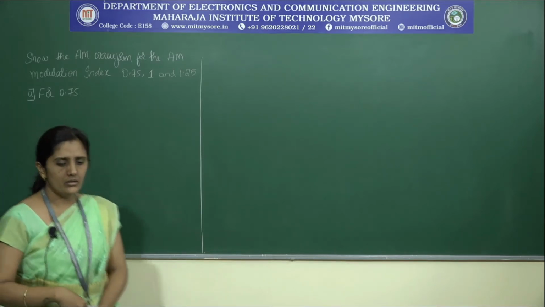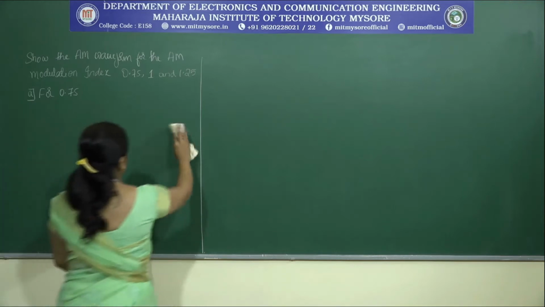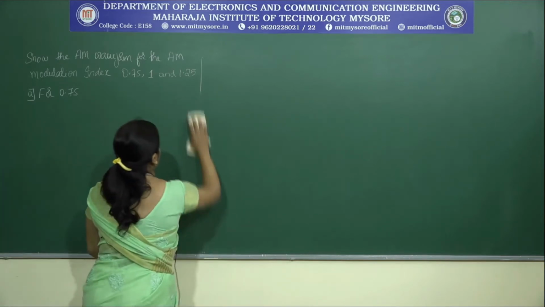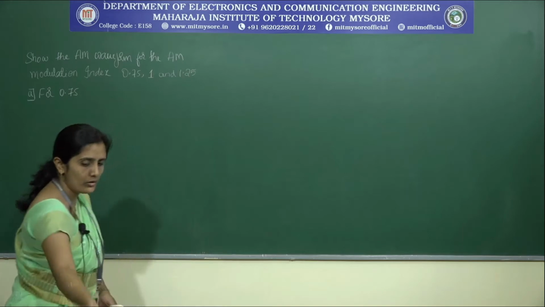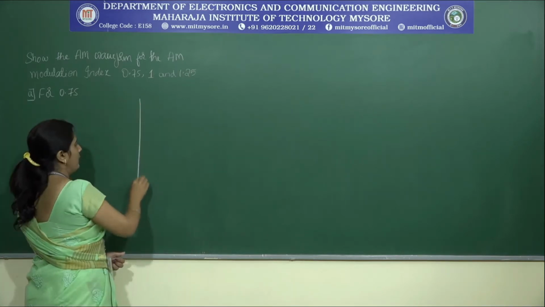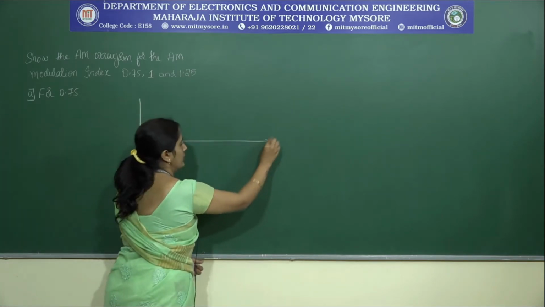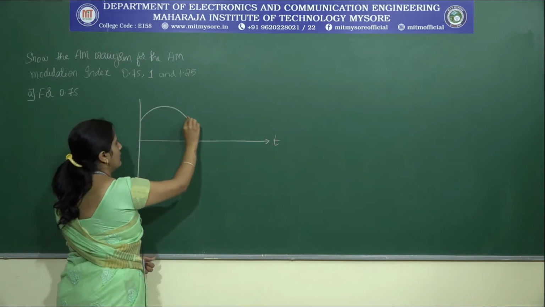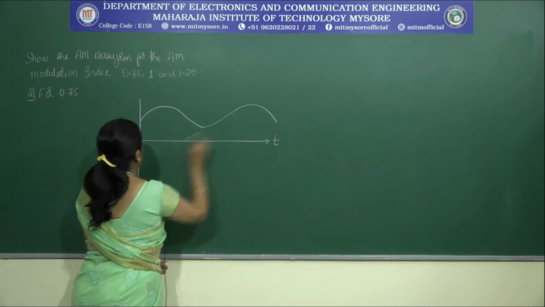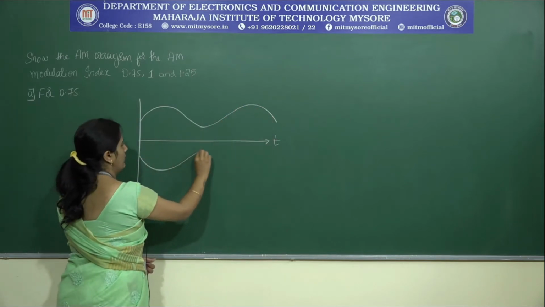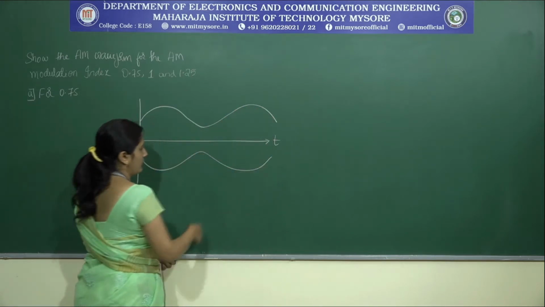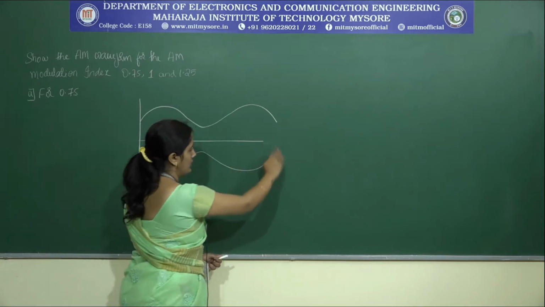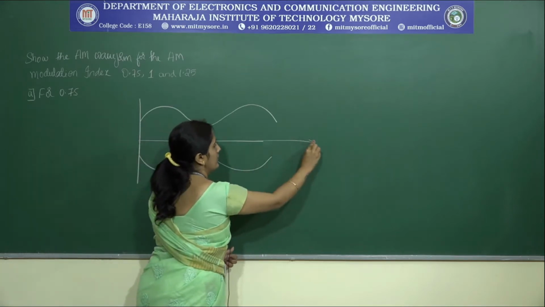So how does it look? For the modulation index, you have to consider this. This is your time domain. So this is your analog waveform. If you want, you can extend this.